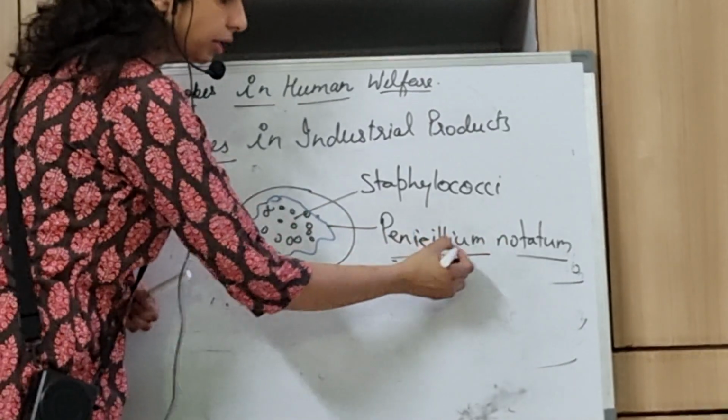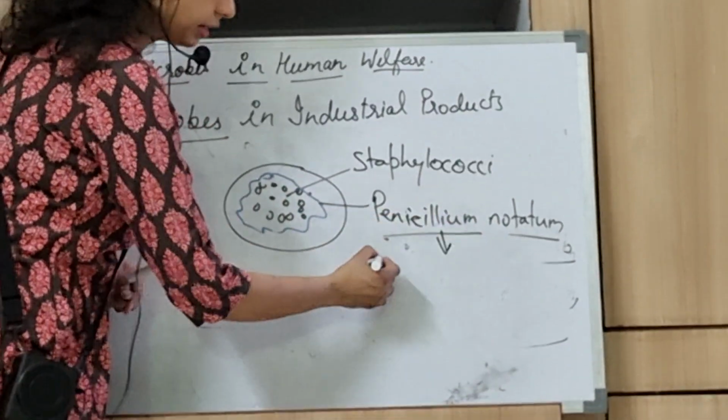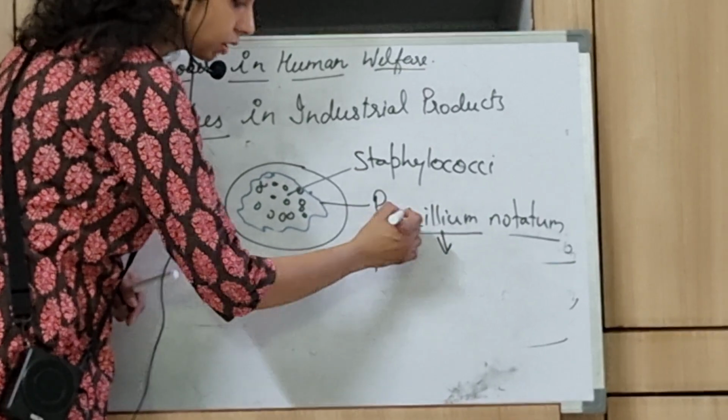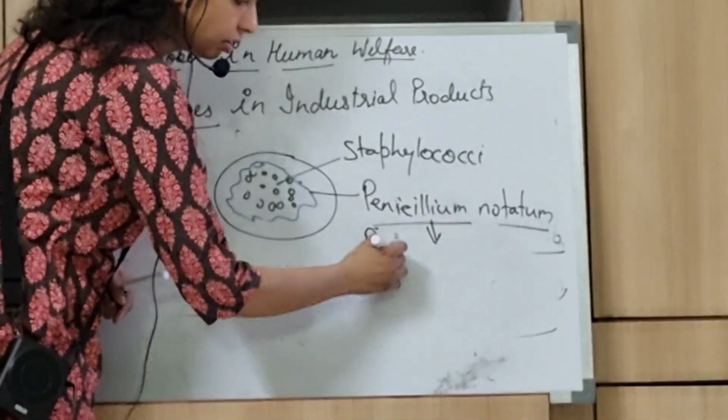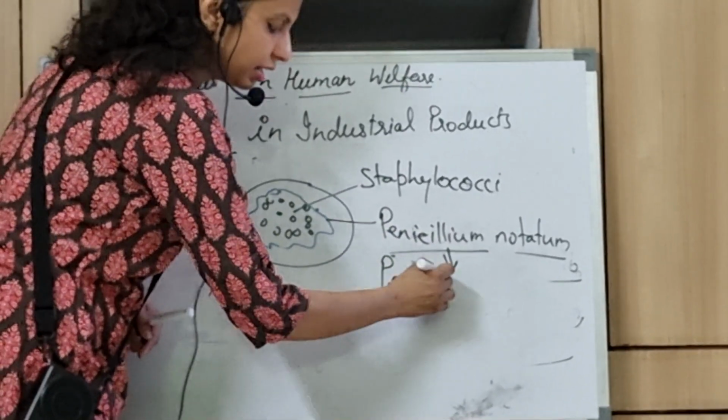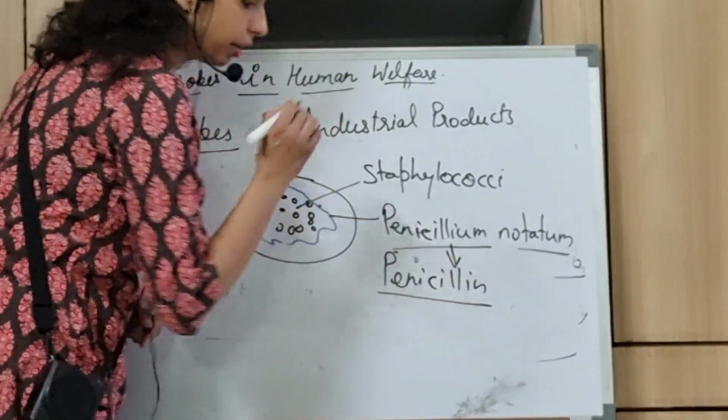Penicillium notatum was secreting a chemical, an antibiotic, which later became known as penicillin, the first antibiotic.